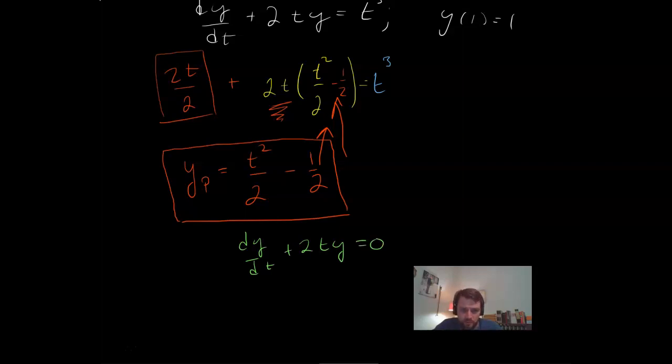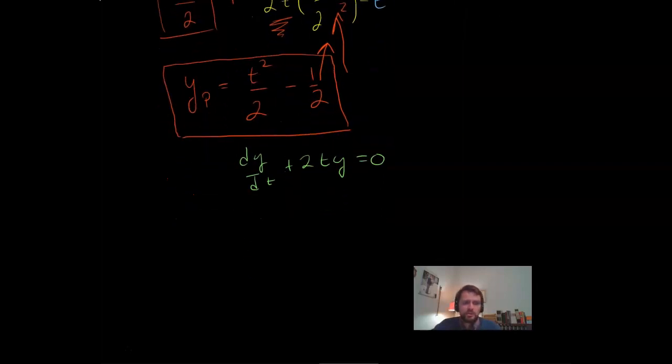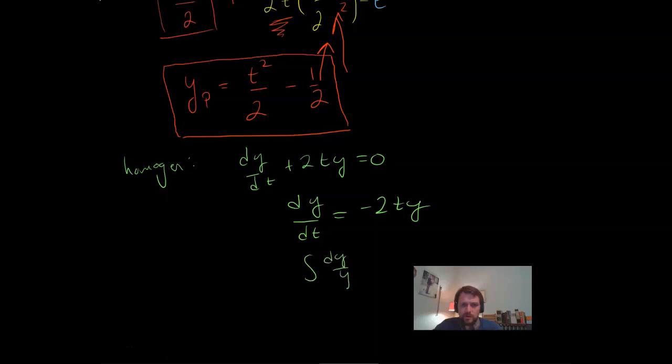For the homogeneous solution, we'll often just do separation of variables. So dy/dt is equal to negative 2ty, and so on. So then the integral of dy over y is equal to negative 2 integral of t dt, or you can write that whichever way is most convenient.